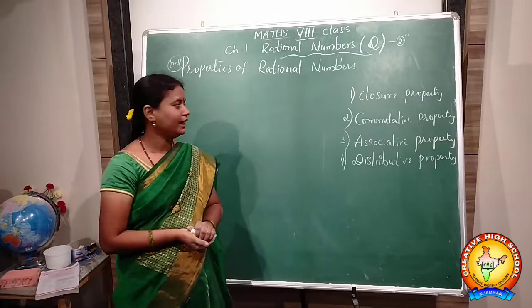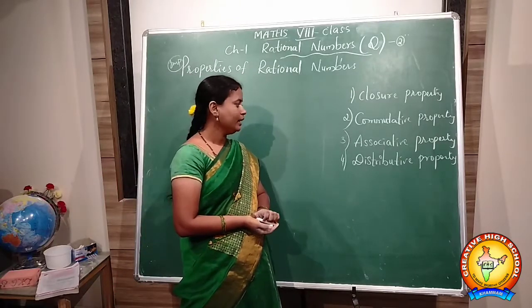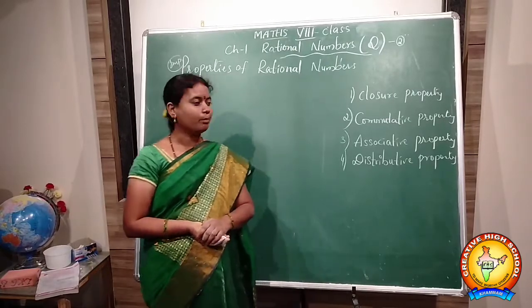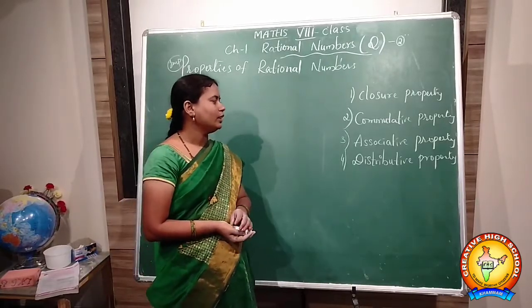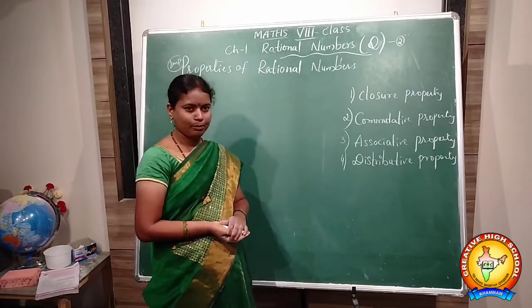Four properties are there: closure property, commutative property, associative property, and the distributive property. So today we are learning about the closure property of the numbers.